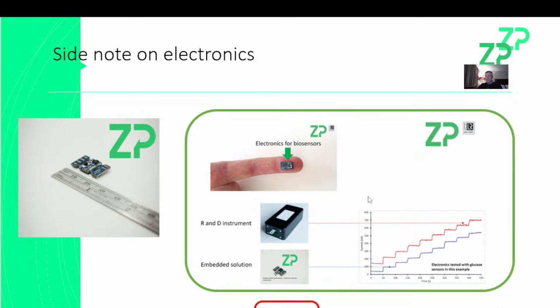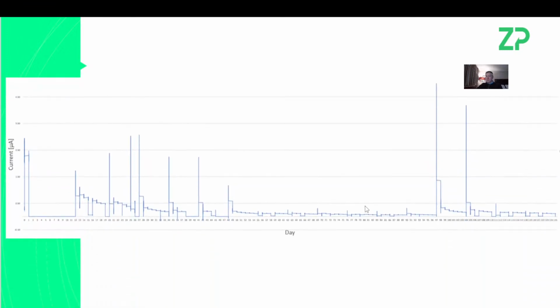We've been making these tiny electronics because we make sensors that are either wearable or implantable, and these electronics will drive any of our sensors. So if people want to put sensors into cell culture or bioreactors, we do have the electronics for that.